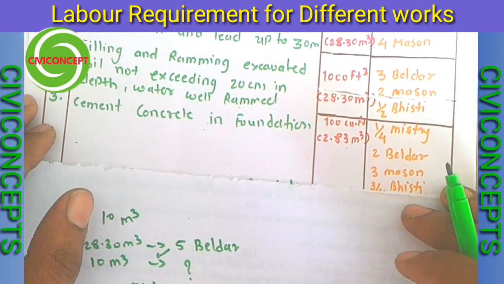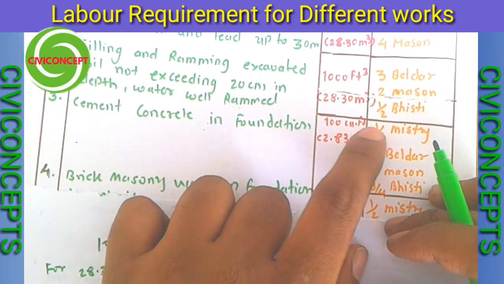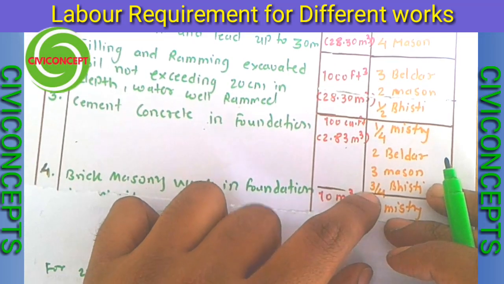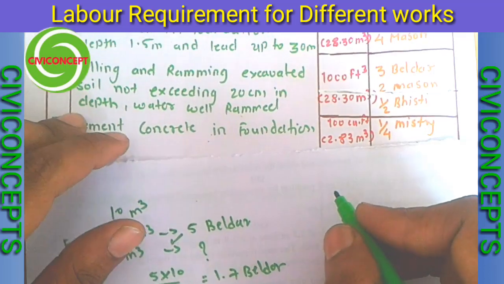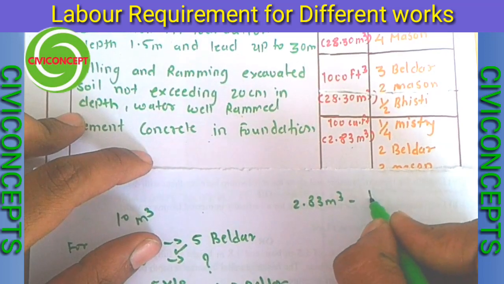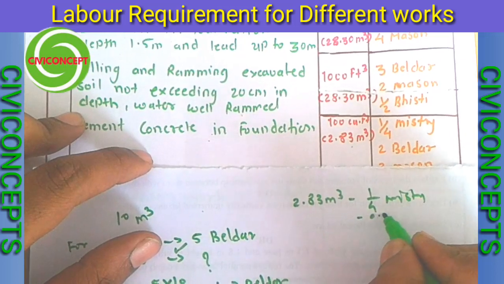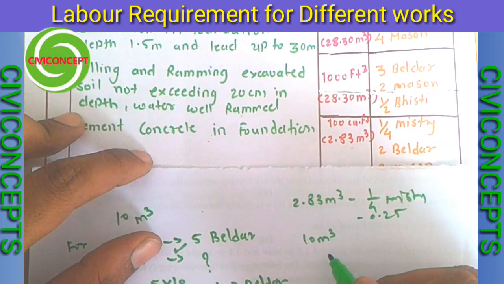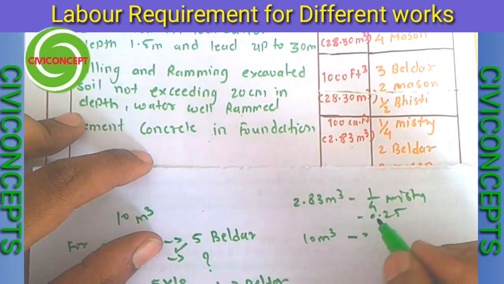Okay, next is cement concrete in foundation. For cement concrete in foundation we require 1 divided by 4 mistri, 2 beldar, 3 mason, and 3 divided by 4 bhisti. Here the quantity given is 2.83 meter cube, and 1 divided by 4 means 0.25 mistri. If you want to calculate for 10 meter cube, how much mistri is required?